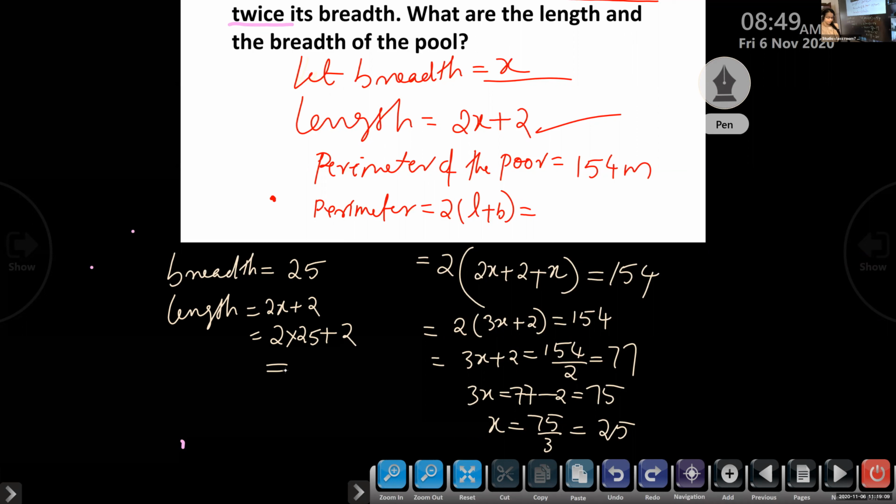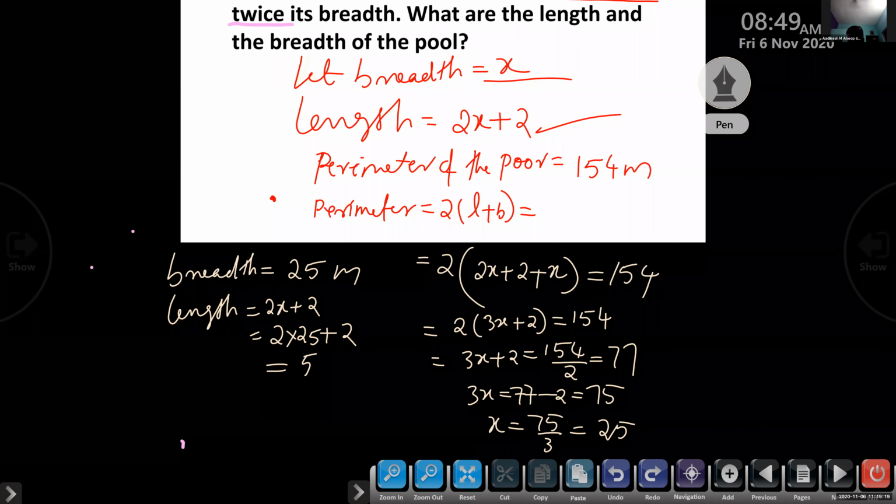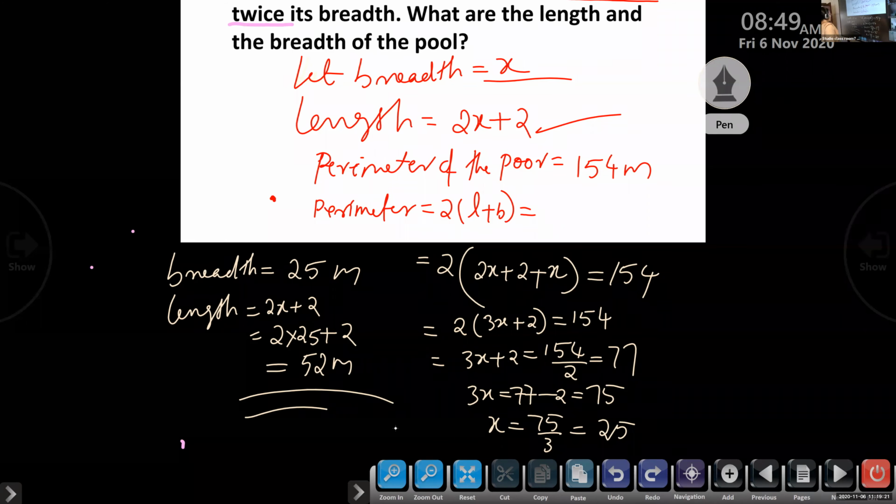So length is 52 meter. So these are the answers. Length is 52 meter. Breadth is 25 meter.